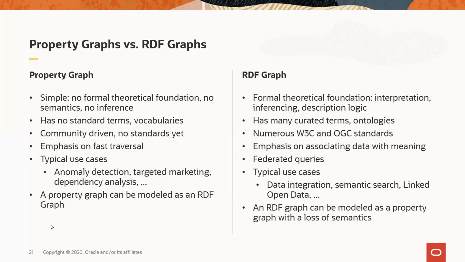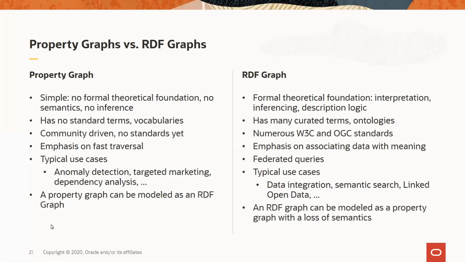Neither do we have standard vocabularies, nor do we have a standard query language and so on. That is an ongoing effort. So if anybody is interested in standardization in this context, we are actively involved in the standardization of a property graph query language, but it doesn't exist yet. Much of the work is still community driven.